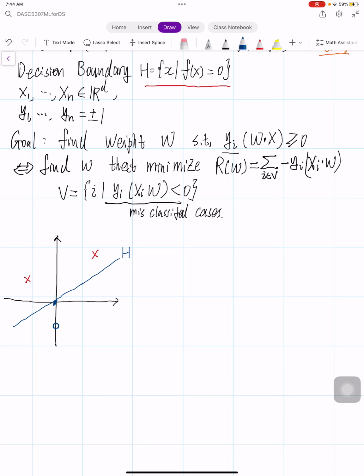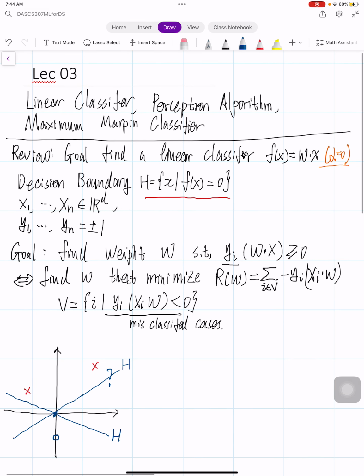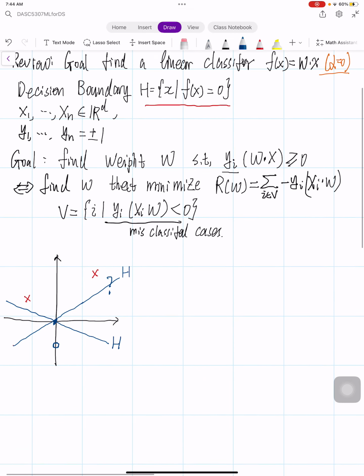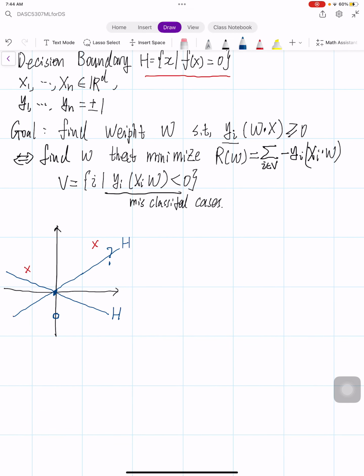This could be one of our edges, and this could be another edge. The perceptron algorithm tells us how to find the set of solutions that can correctly classify all the cases.